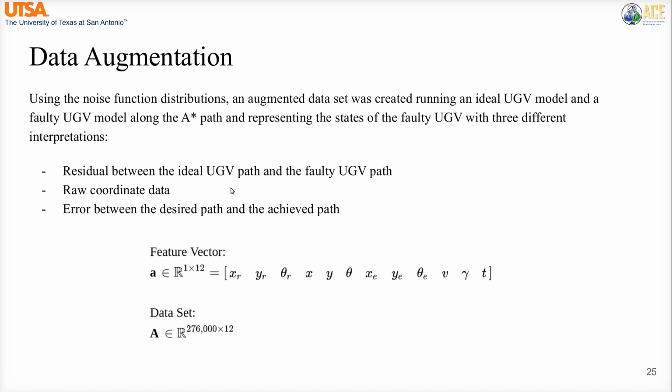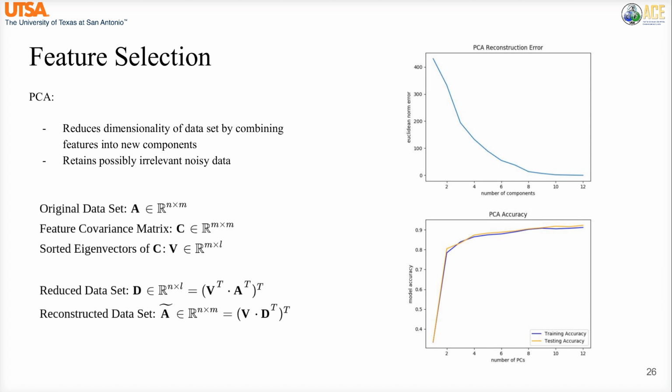And then I ran the simulation 100 times per classification, which ended up giving me a data set of 276,000 by 12, so 276,000 samples of this feature vector.